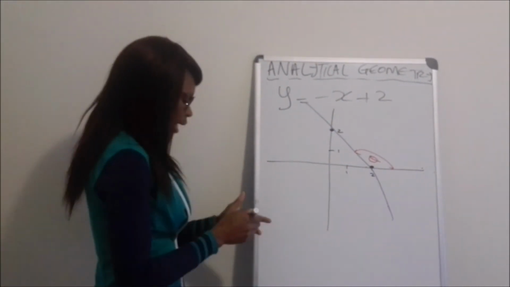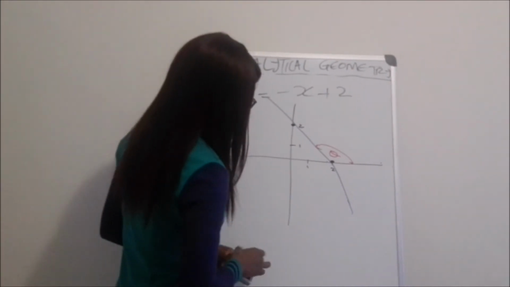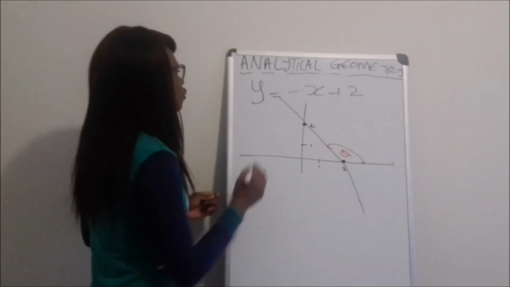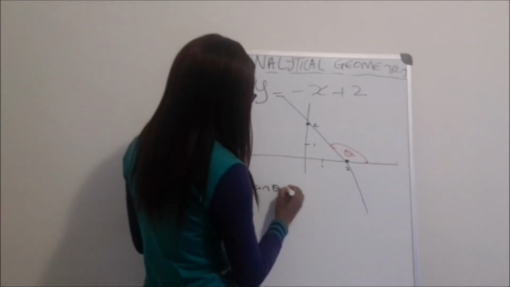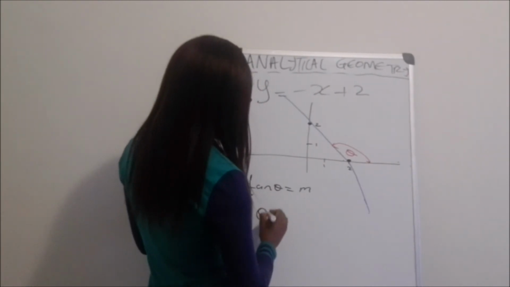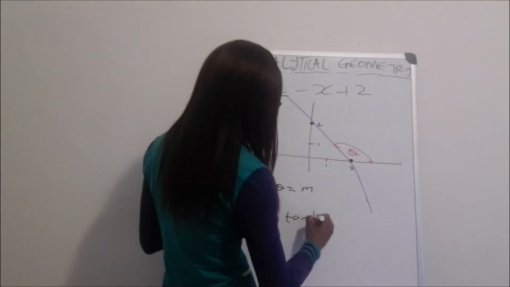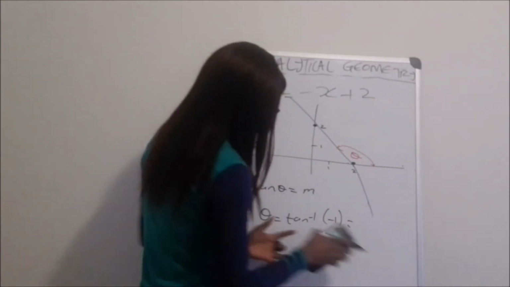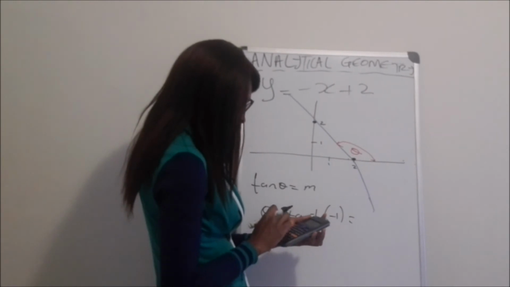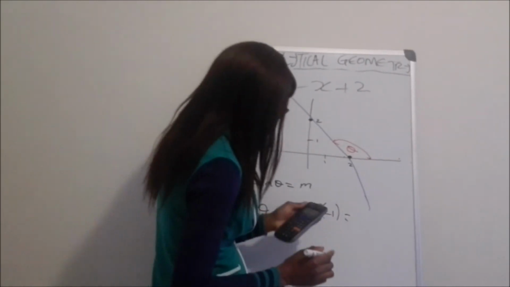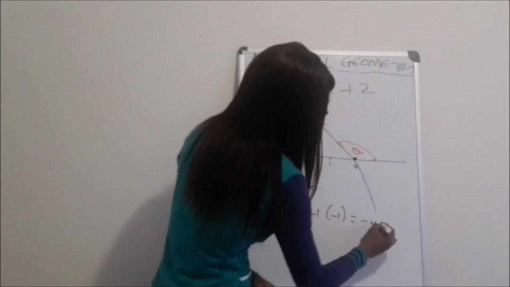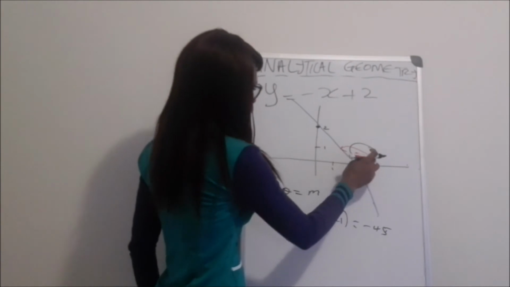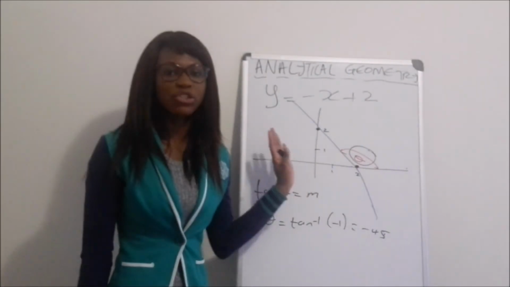All right. And then let's see if using the equation to find the angle of inclination will get us to that. So from here we have tan theta equals m, and our theta here will be tan^-1 of m, where our m equals -1. And then we find tan^-1 of -1, which will give us -45. -45 cannot be this angle here, because this is measured positive from the x-axis, so it has to be positive.